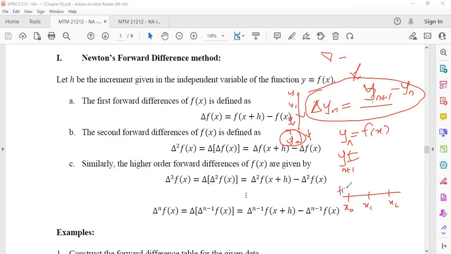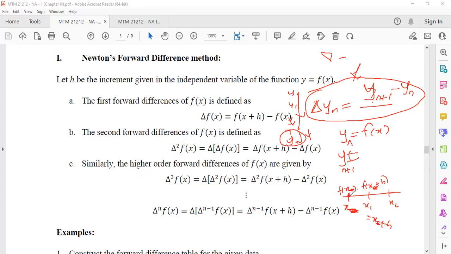So this is my f(x0), isn't it? This is my f(x1), which is equal to, you already told me that x1 will be x0 plus h. Similarly, if I take this one as just x, we don't need to put x0, okay? So f(x) is the value at x.